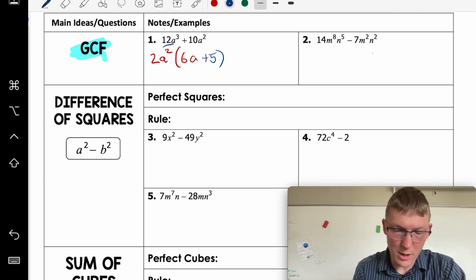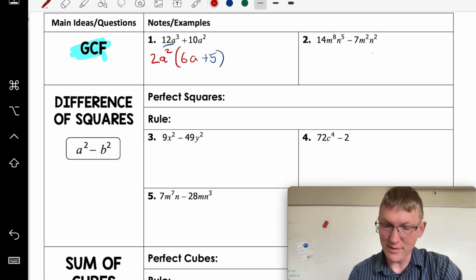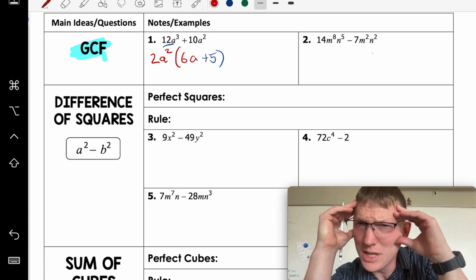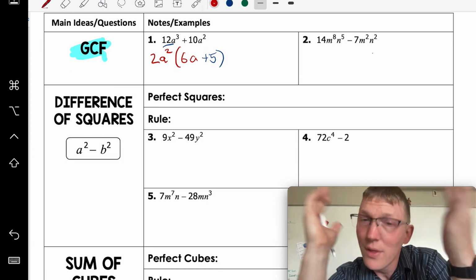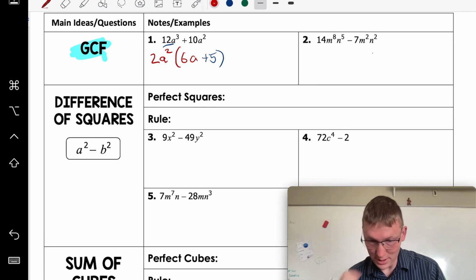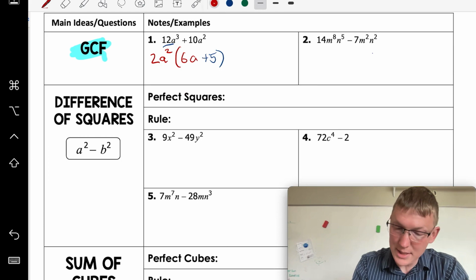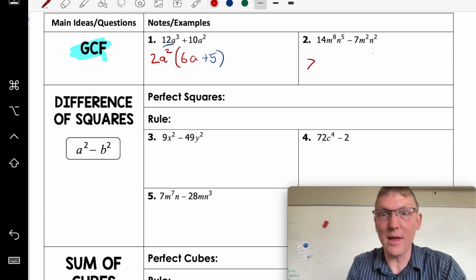So that also helps us out when we look at big messes of problems like that. My brain goes into overload because I'm like, oh my gosh, there's so many numbers and letters, what's going on? It's okay. Just factor some stuff out. So if I look at these, 14 and 7, I like to start with my numbers first, so we can pull a 7 out.